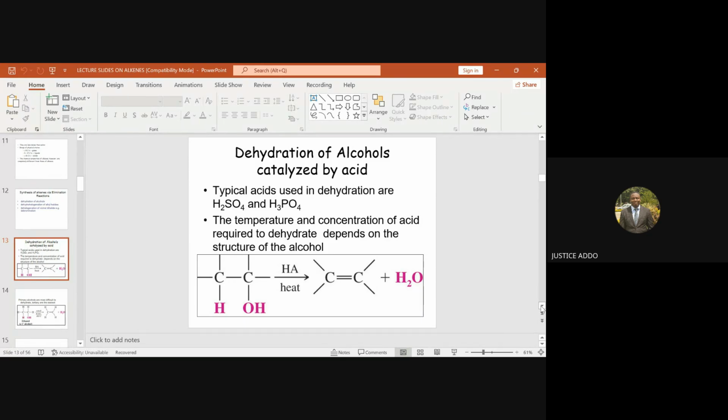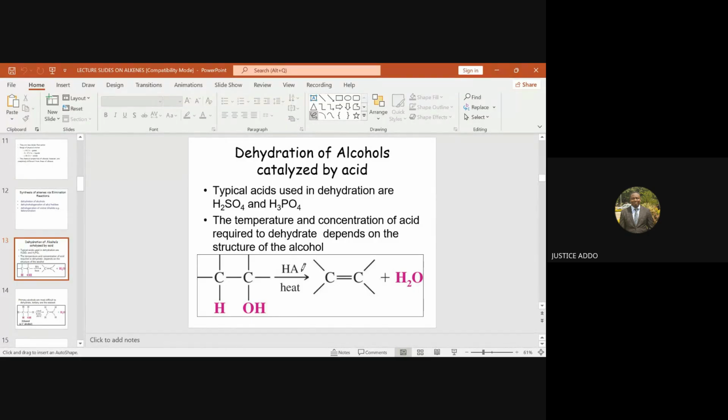On the screen, you can see an alcohol. It's an alcohol because you have an OH bonded to an sp3 hybridized carbon. What you see here is a generalized representation of an acid. We didn't represent the acid with any known one.